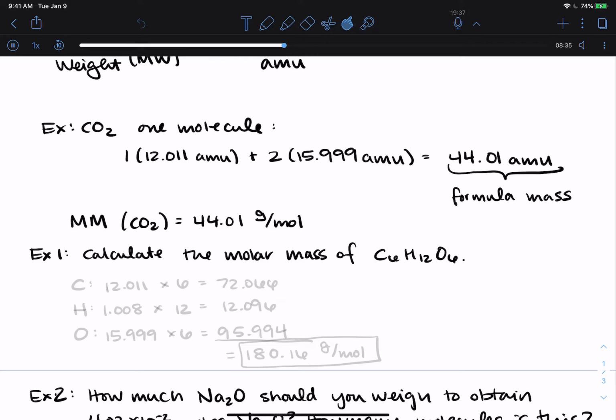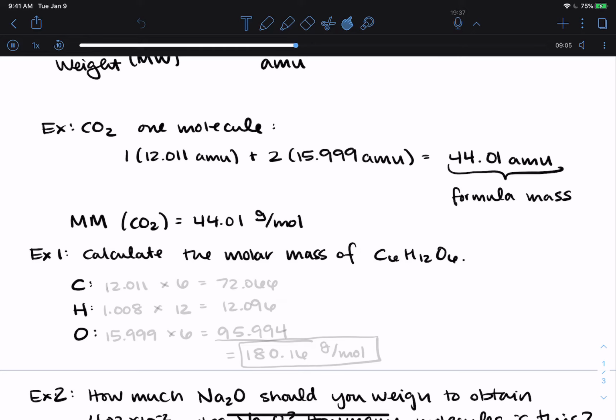Our first example is to calculate the molar mass of C6H12O6. So we need to add up the atomic weights for each of the elements that we have here based on the number that are in the molecule. So just to get everything organized, you don't have to always lay it out this way, but I think for getting started, it's a good way for us to keep track of things.